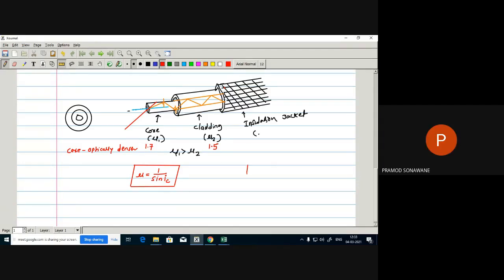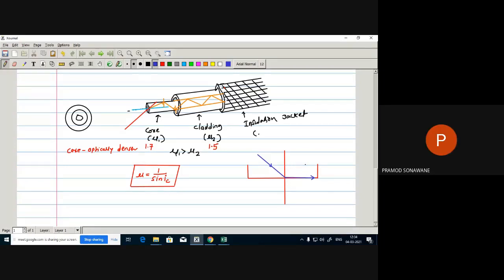See, suppose this is a denser medium, and this is the normal. The light is incident with the critical angle. Then where is the refracted ray? Along the surface, perpendicular to the normal.